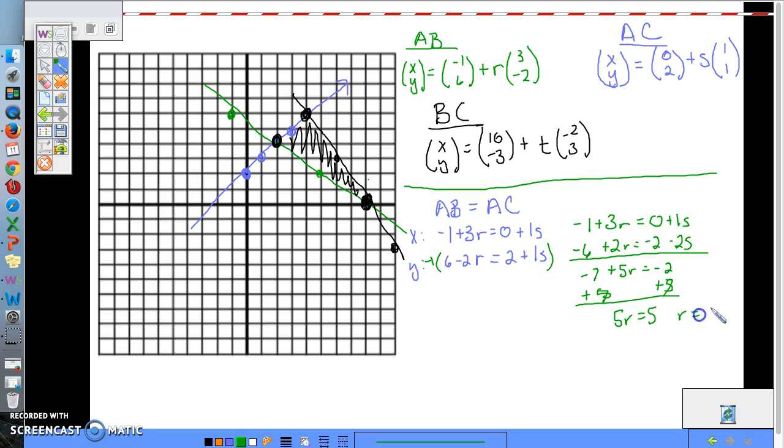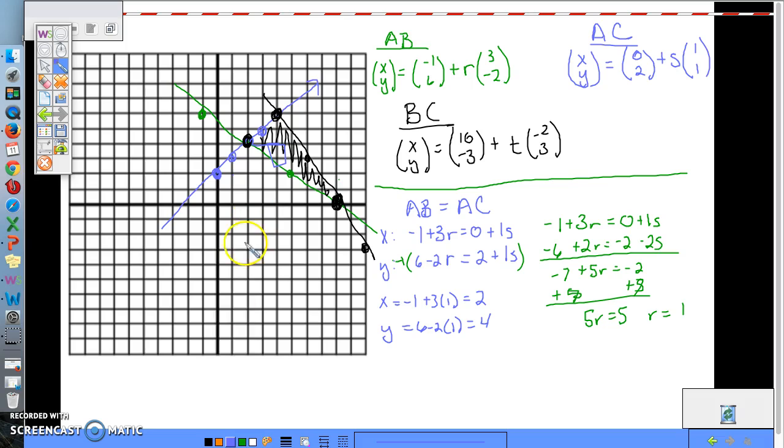So they intersect when r equals 1. Now we have to plug that back into our AB when r equals 1. So our x value is negative 1 plus 3 times 1, which is 2. And our y value is 6 minus 2 times 1, which is 4. That coordinate right there matches up. So we verified it with 2, 4.